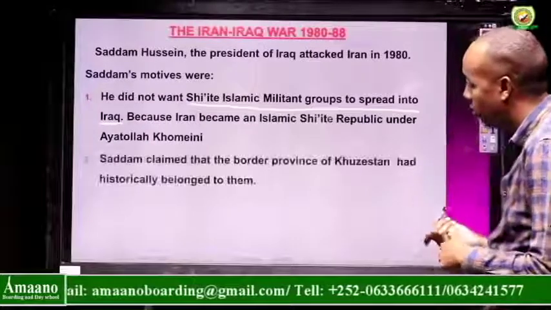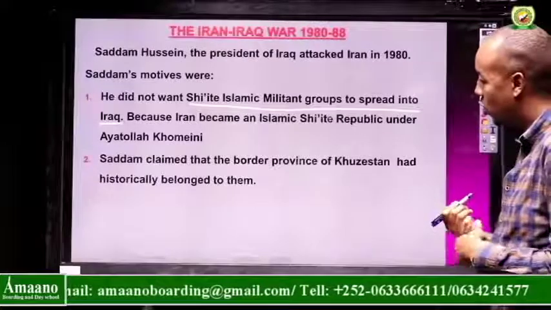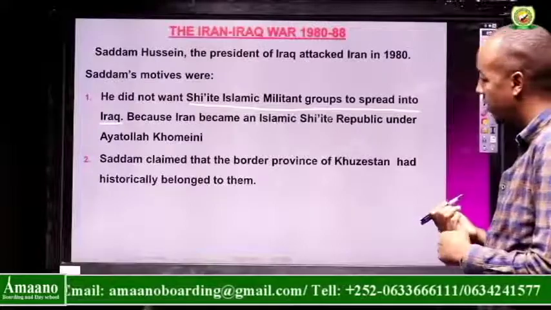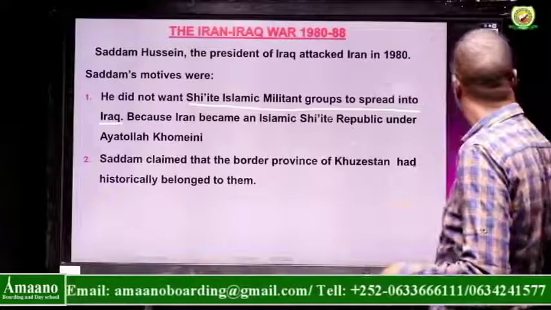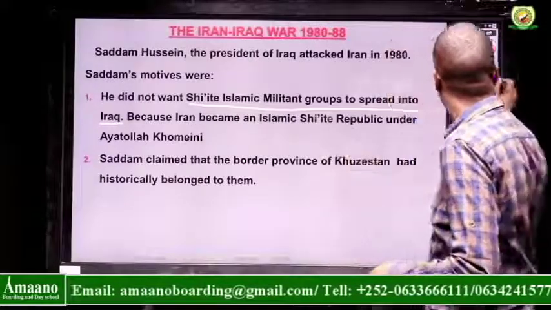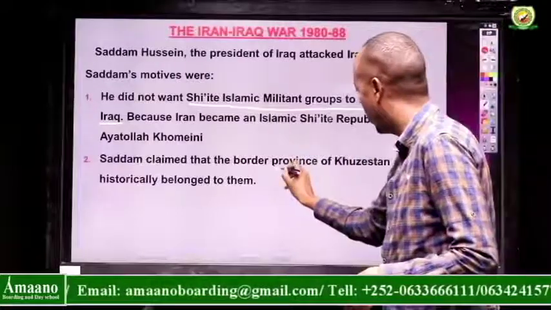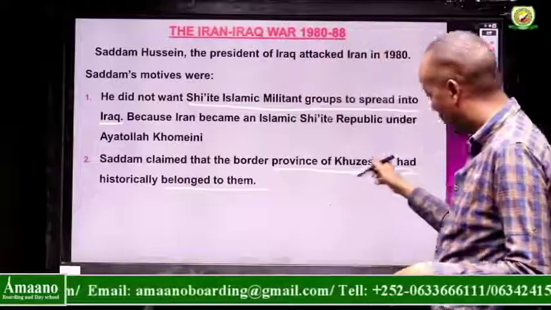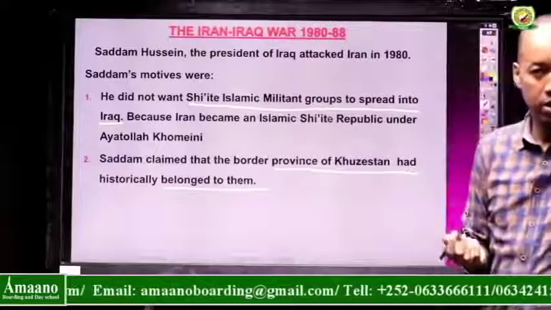What about the second point? There is an economic reason, a political reason, and even a historical reason why he attacked. What did Saddam Hussein also claim? He claimed that the border province of Khuzestan had historically belonged to them. This is a region that is rich in oil.